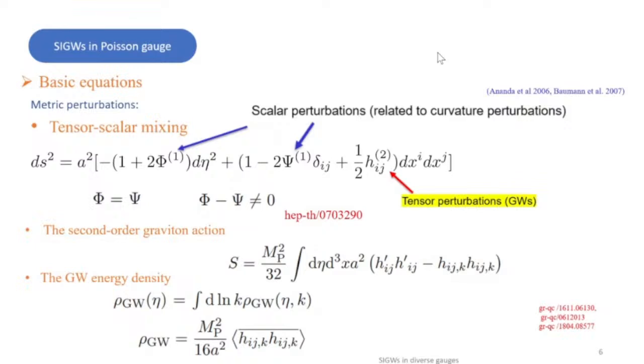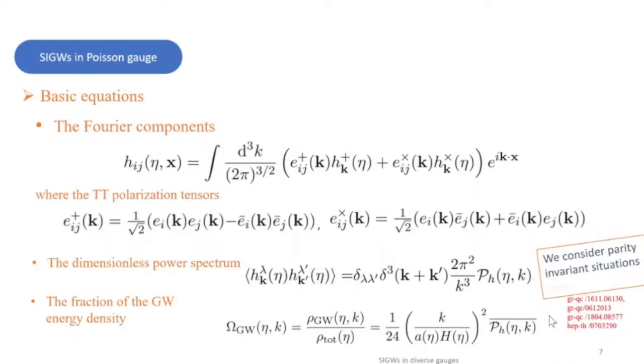Using this perturbed metric, we have this form, where h_ij, the tensor perturbation, represents the gravitational wave, and psi is the scalar perturbation. Here we use the effective graviton action, and further there is the gravitational wave energy density. This we can find in these references.